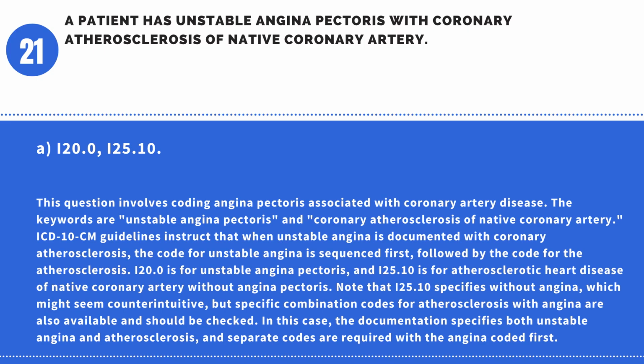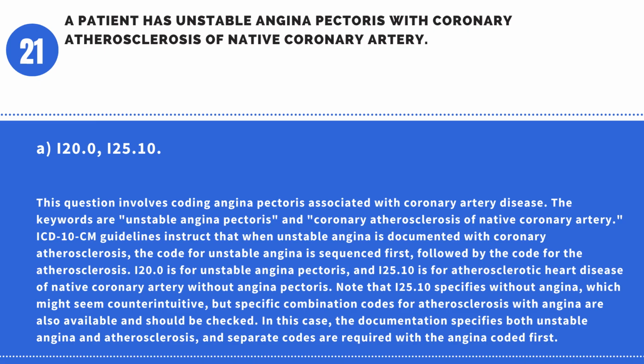Answer: A. I20.0, I25.10. This question involves coding angina pectoris associated with coronary artery disease. The keywords are unstable angina pectoris and coronary atherosclerosis of native coronary artery. ICD-10-CM guidelines instruct that when unstable angina is documented with coronary atherosclerosis, the code for unstable angina is sequenced first, followed by the code for the atherosclerosis.